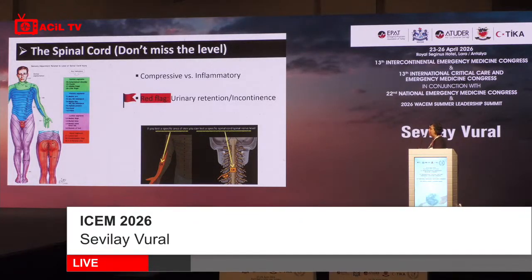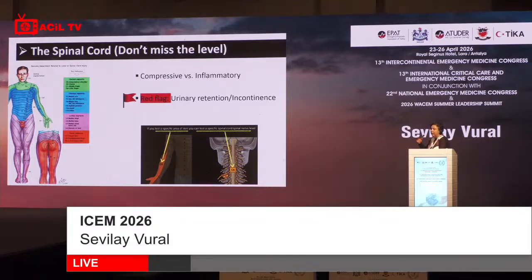Again, we are going on our checklist: the spinal cord. The most important part is we should not miss any level of pathology in here. For example, Dr. Sema just talked about low back pain a few minutes ago, and she mentioned, for example, spinal cord compression. Another thing, cauda equina syndrome. Another thing, epidural abscess, which in fact shows itself with low back pain.